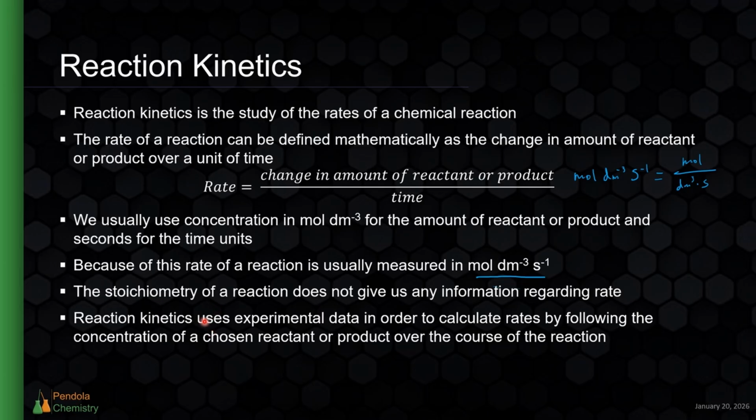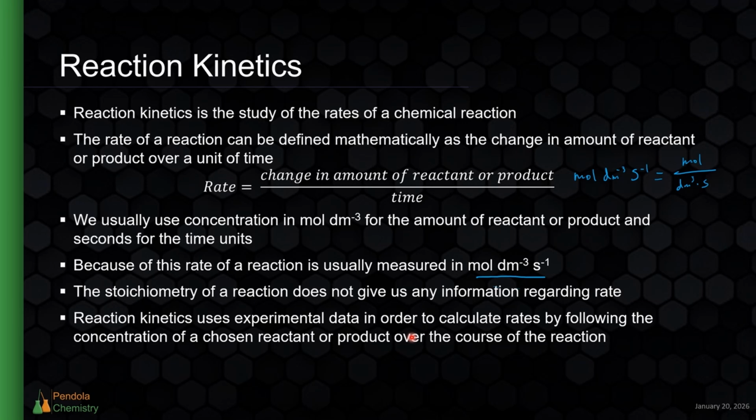Reaction kinetics uses a lot of experimental data in order to calculate those rates. By following the concentrations of a chosen product or reactant, we can see how quickly those concentrations change if we time them. So essentially, reaction kinetics does not depend on stoichiometry or the chemical equation for the reaction.